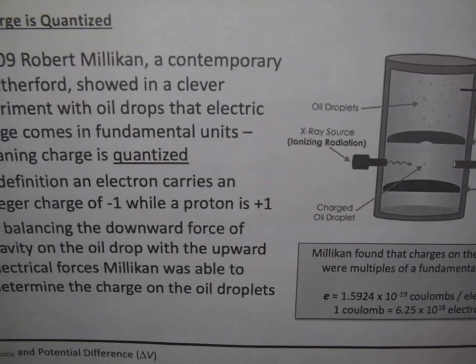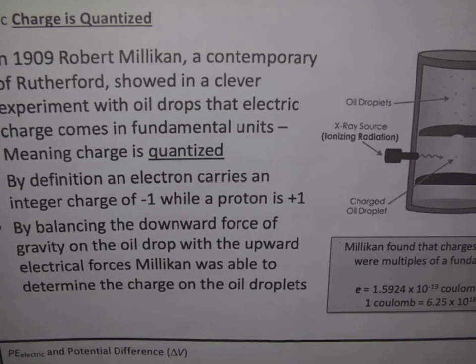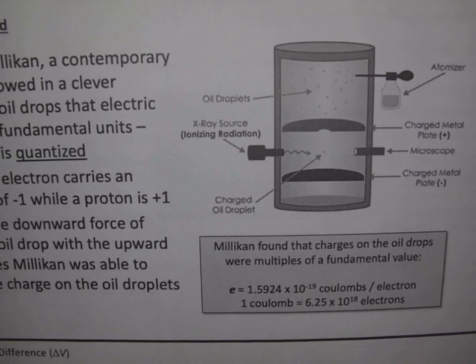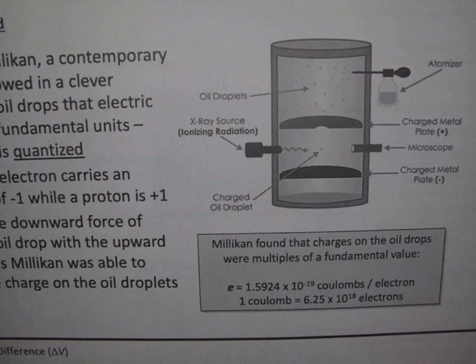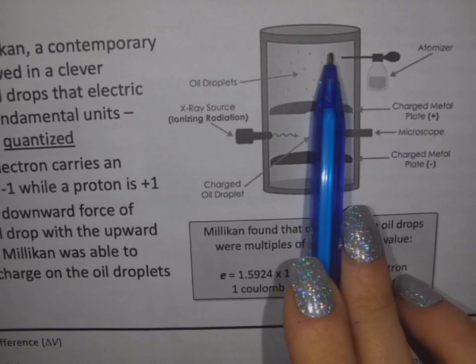Okay, so this is just a little bit of history that ties in with it. Millikan's oil drop experiment. The scientist was trying to figure out what the charge of an electron was, because J.J. Thomson had discovered the electron, and Millikan was trying to figure out what the charge of a single electron was. So he took oil and vaporized it.